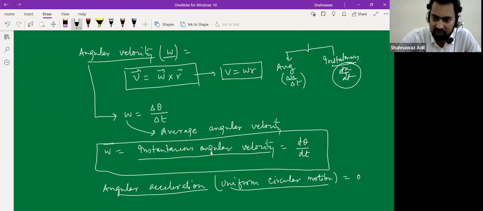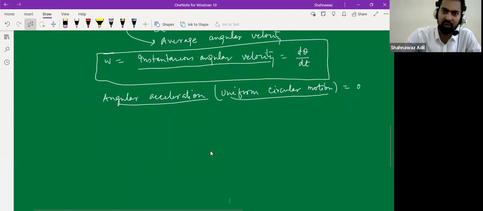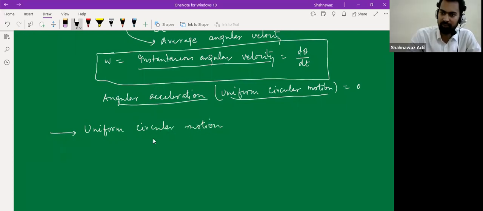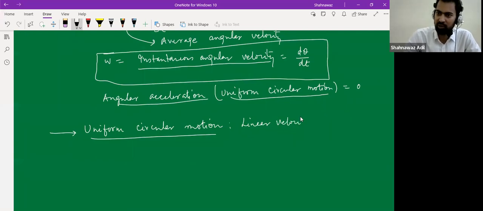Now, what is uniform circular motion? For uniform circular motion, your linear velocity magnitude is constant. Your direction of linear velocity is changing, right?